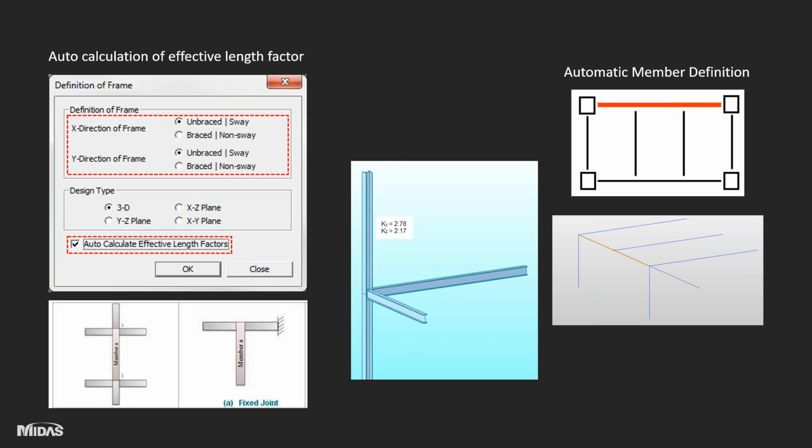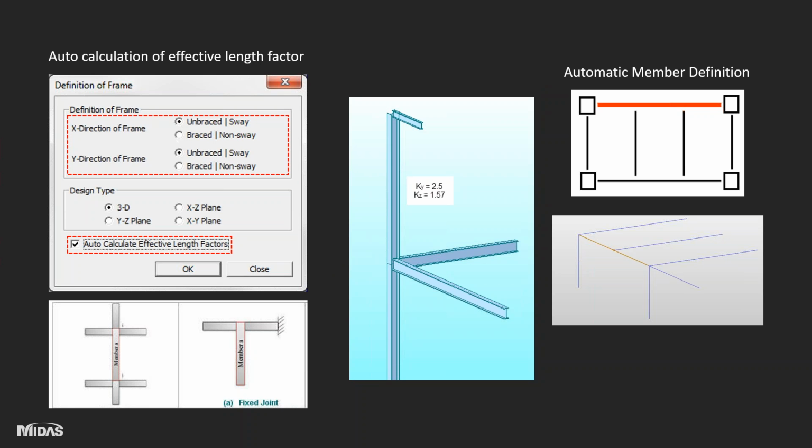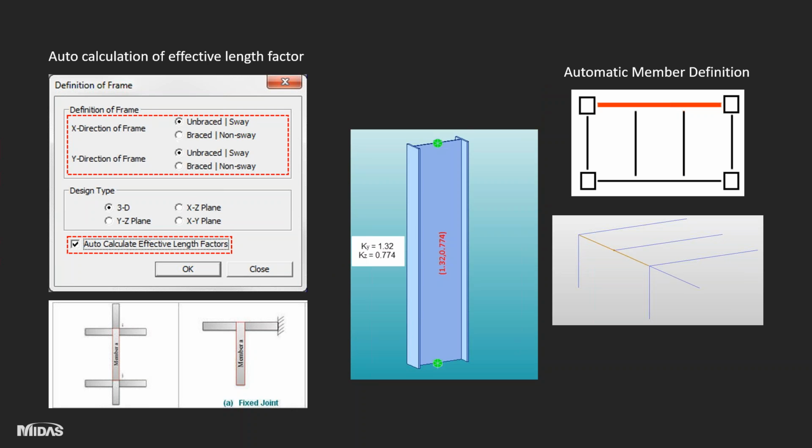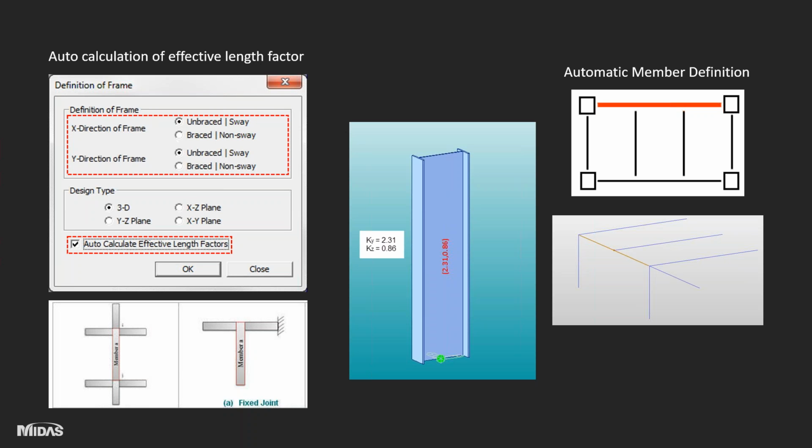As you see in the image, based on different joint conditions, the program considers different effective length factors. Also, there is the member definition for the design. If we have this sub beam in this kind of structure, in the design process we need to consider this main beam as one member.